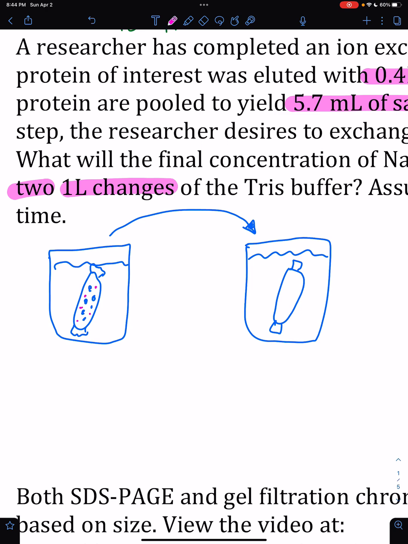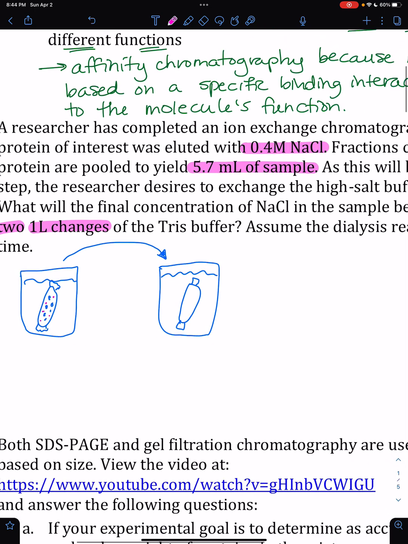Okay, and so at the outset of our dialysis procedure, okay, we have no salt on the outside, but we have salt on the inside. And so this is going to be after equilibration.